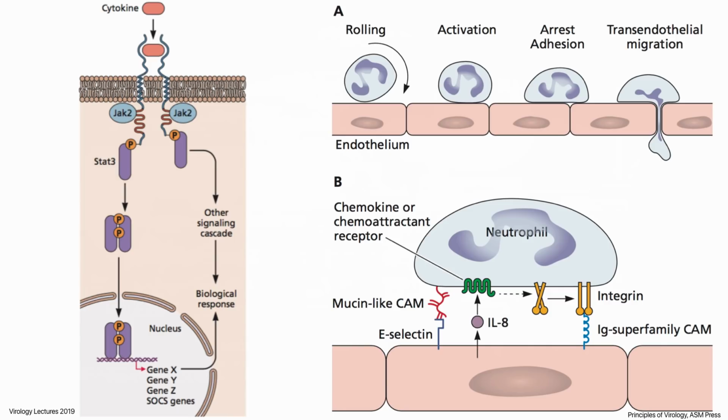Here's an example of how a chemokine works in attracting a neutrophil to infected tissue. Now, chemokines work through signaling pathways just like interferons do. Remember, interferons bind receptors, they initiate signaling, leading to the entry into the nucleus of a transcription factor that turns on the synthesis of mRNAs encoding ISGs.